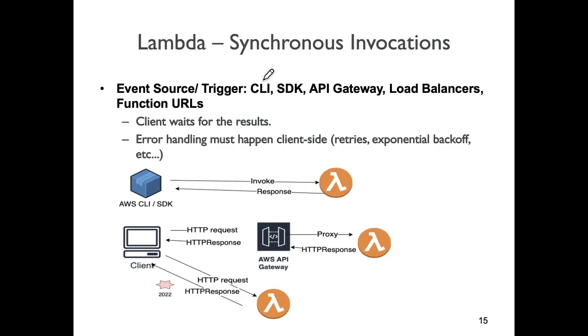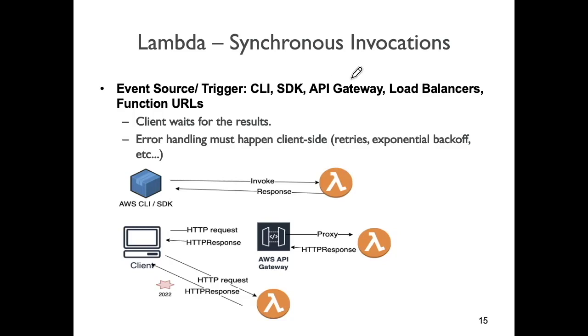That's typical synchronous invocation. Also, if you write an application that's using an SDK, for example, you could write a Python script or a TypeScript script, run that TypeScript locally on your machine, and use the SDK to communicate with a Lambda function. But the communication is synchronous as well, because the particular application that you have written is going to wait for the response.